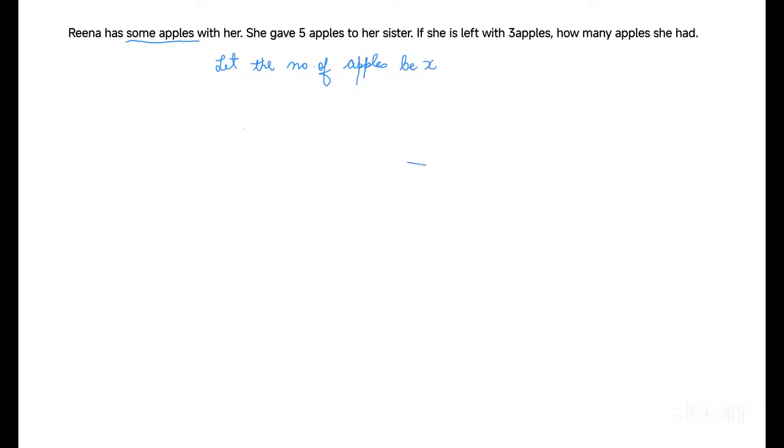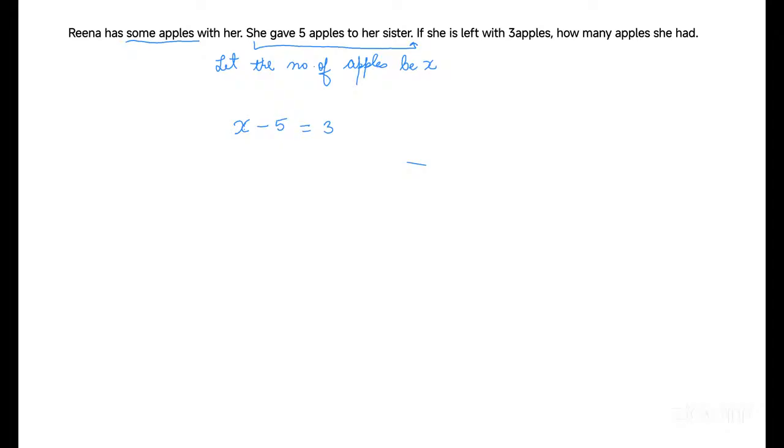Now it is written that she gave 5 apples to her sister. So if she's giving, it means that we have to reduce it. So it's going to be like this: she gave 5 apples to her sister out of the x apples she had, and then she was left with 3 apples only.